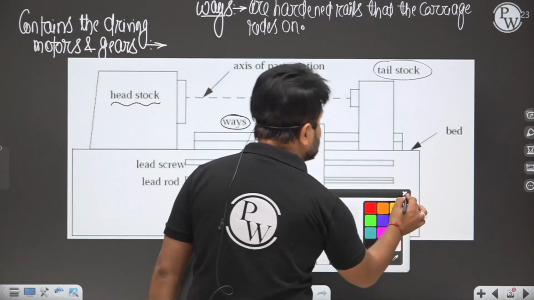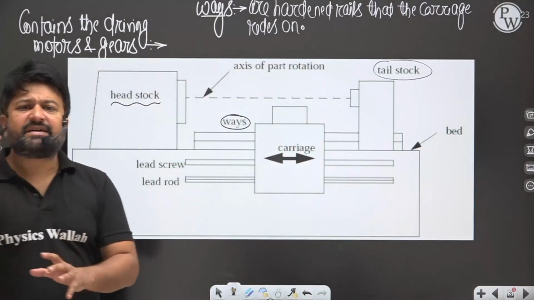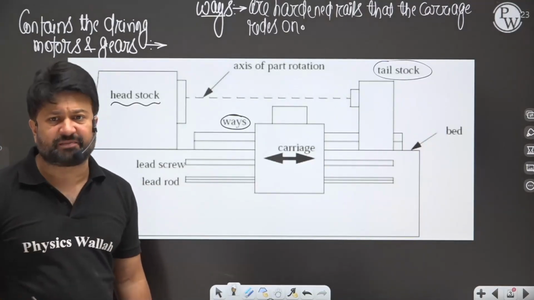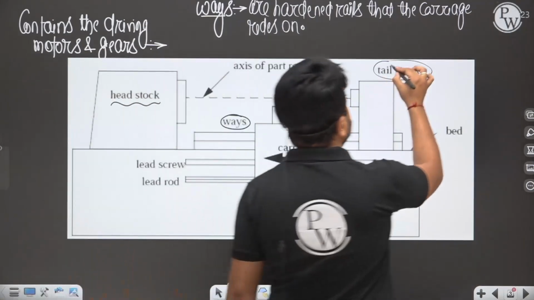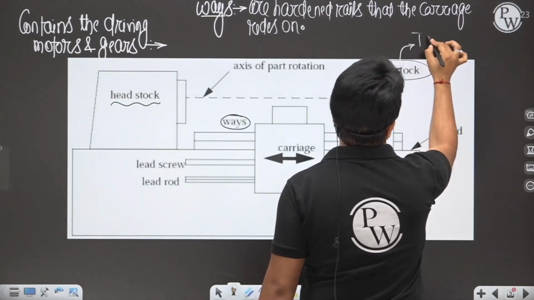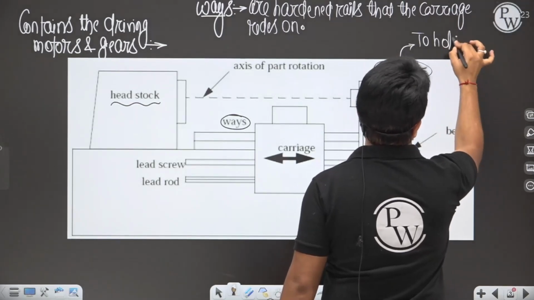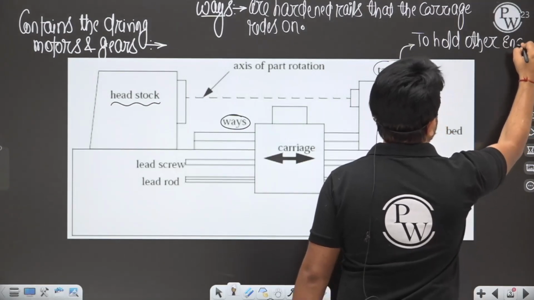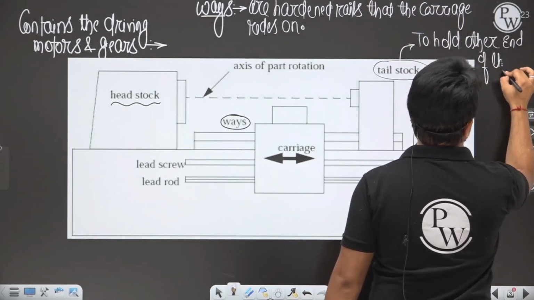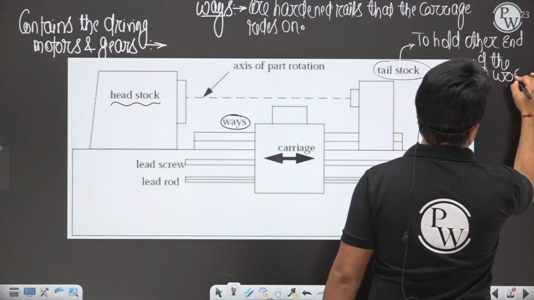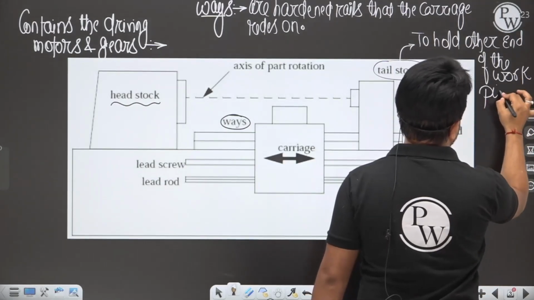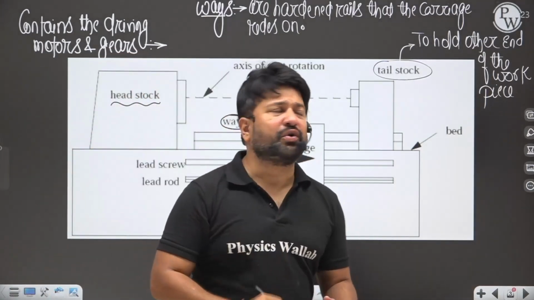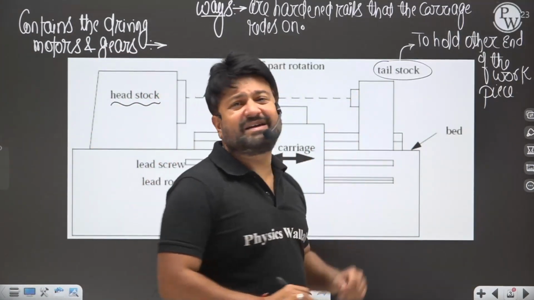What is the function of the tailstock? Basically, the tailstock can be used to hold the other end of the workpiece, or sometimes you can mount the drill tool or a reaming tool in the tailstock.